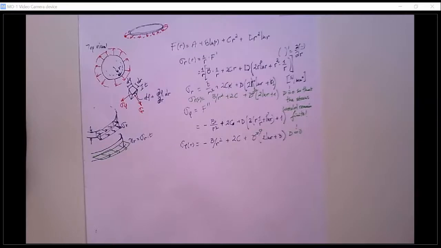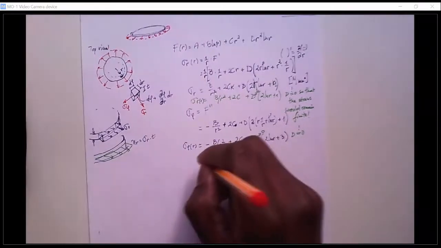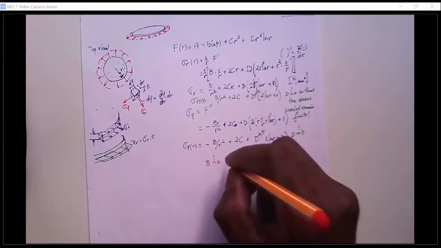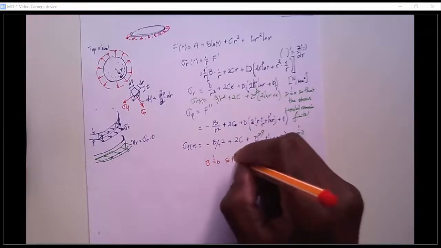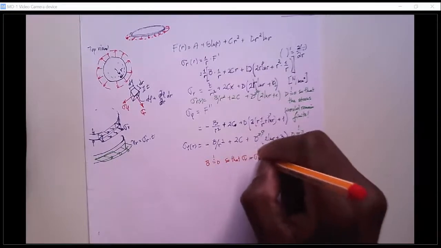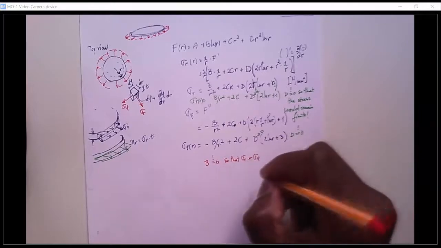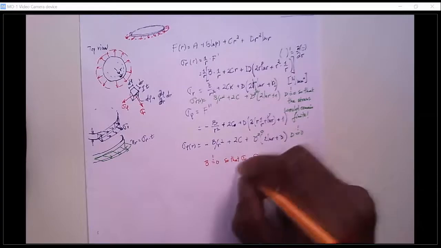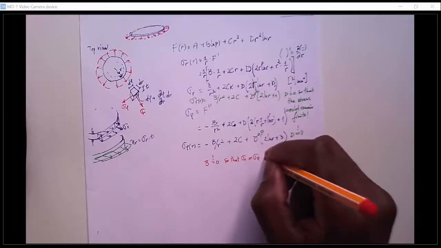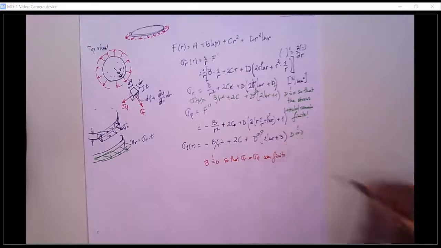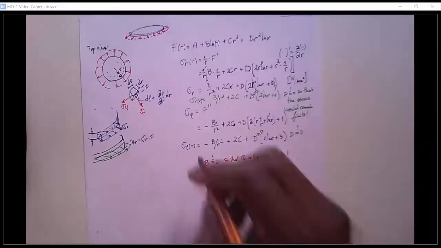So in this case, b also needs to be 0, so that sigma r or sigma phi, doesn't matter which one, can be finite, so that they remain finite. Okay, so b is equal to 0.